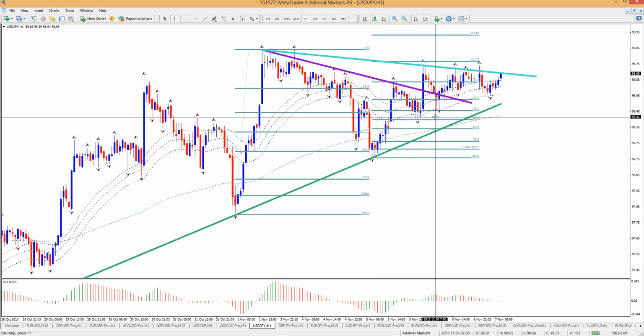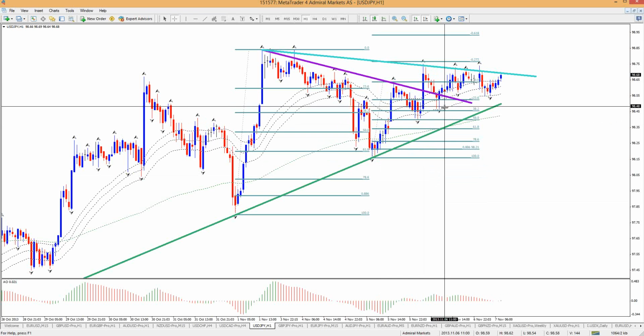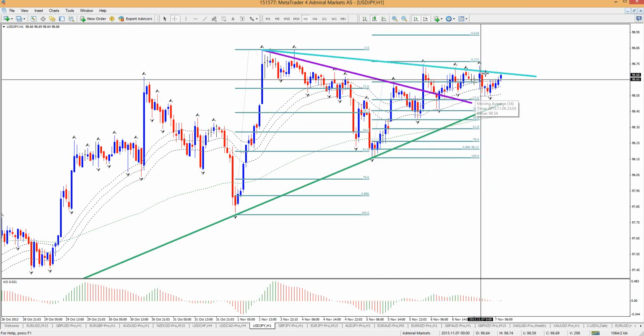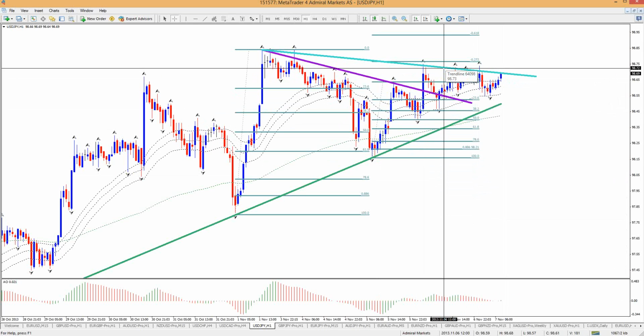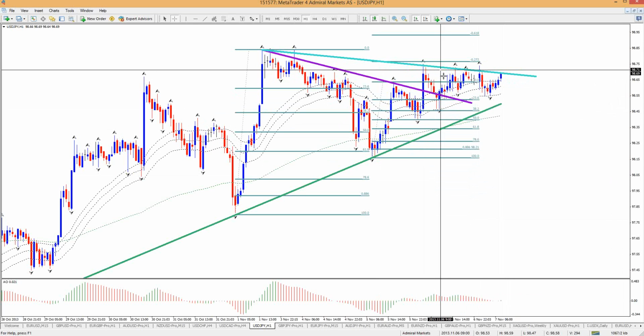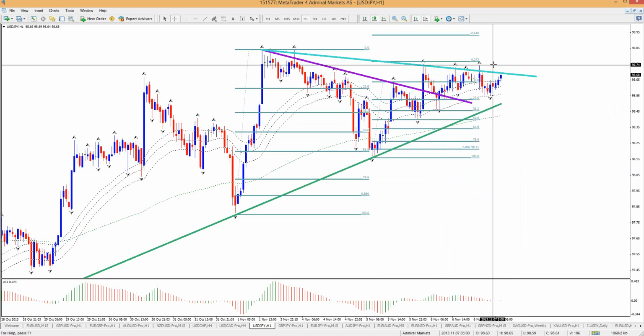It's still hanging in there despite this choppiness, and currently moving up again. So let's see if we get to that target. It would be nice because that would be a 7-to-1 trade. But there's a scaling, in fact, if the dollar yen were to break above these tops. It's possible. That would be a breakout trade.